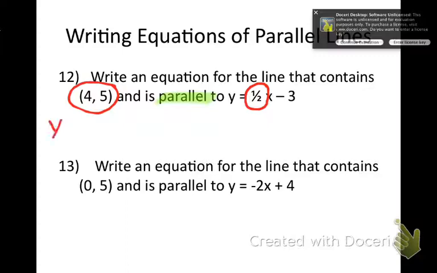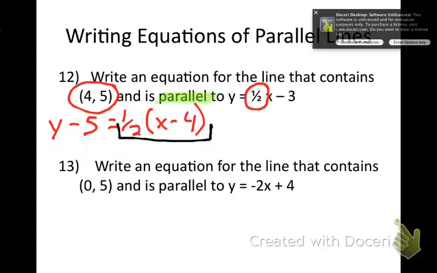So I'm going to get y minus 5 equals 1/2 (x minus 4). I plugged it into point slope form. That's what we've been doing so far. Now comes what we're going to add to it. I'm going to put it into slope-intercept form. So anytime I see that setup right there, what do I think, Sage? Distribute.